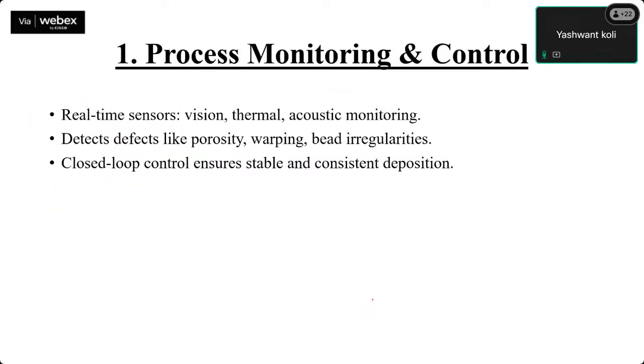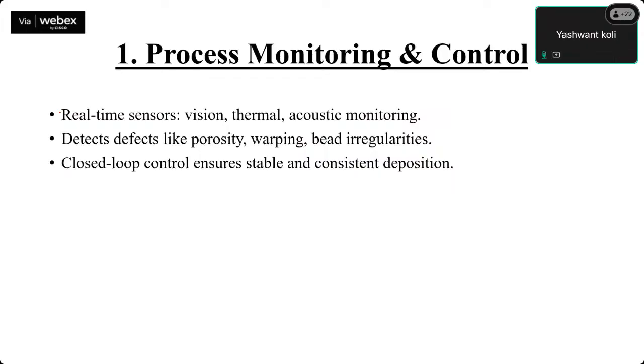So first is process monitoring and control. It happens to be a very important concept because it has real-time sensors like vision, thermal, acoustic monitoring, and many other sensors. And then we have defect detection. It detects defects like porosity, warping, bead irregularities, and these defects can be detected by process monitoring.